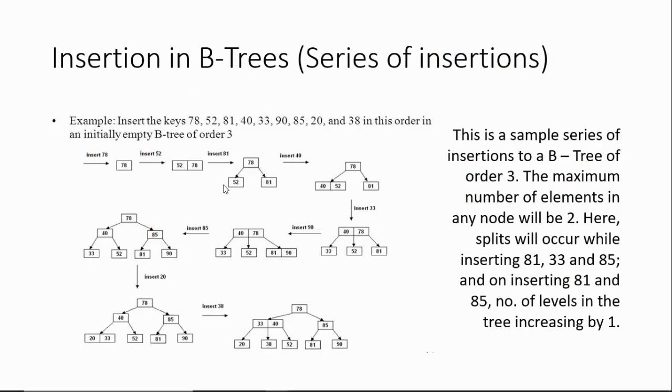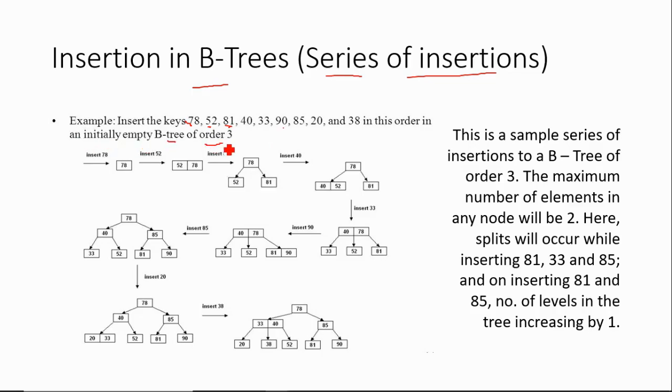So let's see another case of insertion. This is a series of insertions, meaning a set of numbers inserted into a B tree. The keys they have added are 78, 52, 81, 40, 33, 90, 85, 20 and 38, in this order, in an initial empty B tree of order 3.